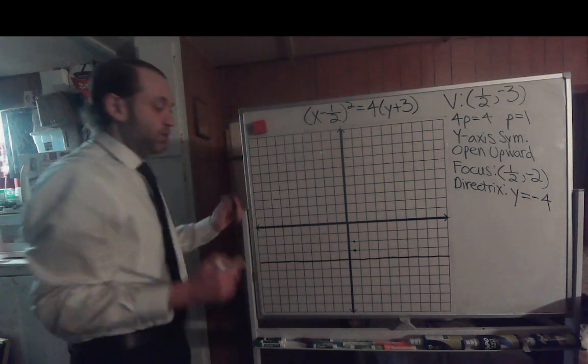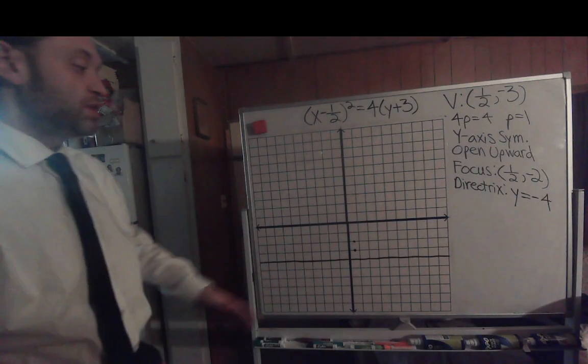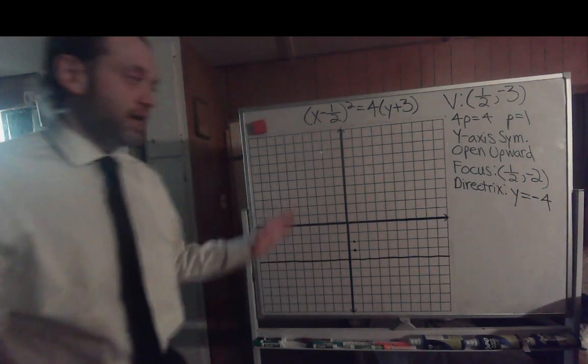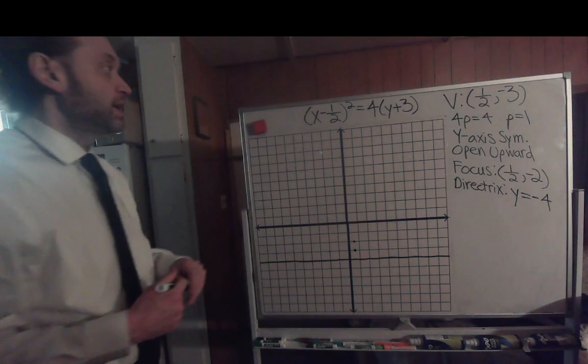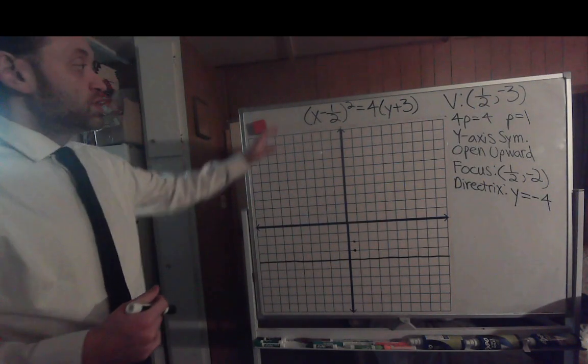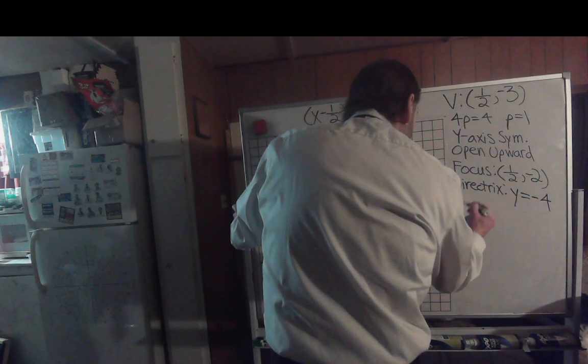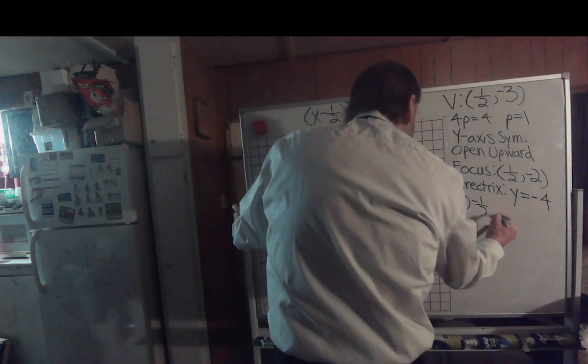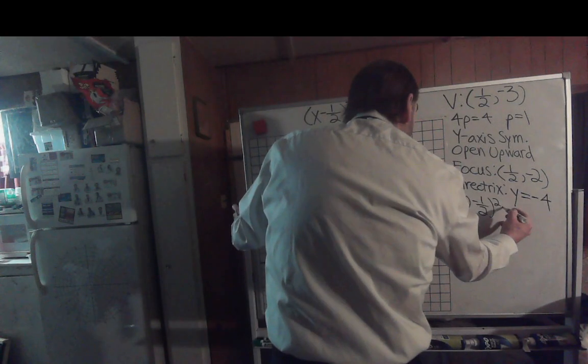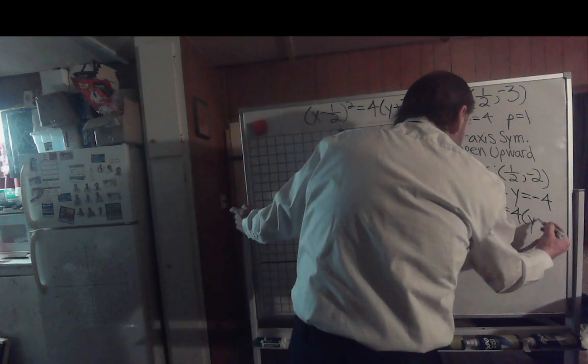Alright, so we know the symmetry, we know the vertex, we know the focus, we know the directrix, we got all that. We can go ahead and start plotting. So why don't we pick an x value of 0? So let's see here. That would give us (0 minus 1/2) squared would equal 4 times (y plus 3).